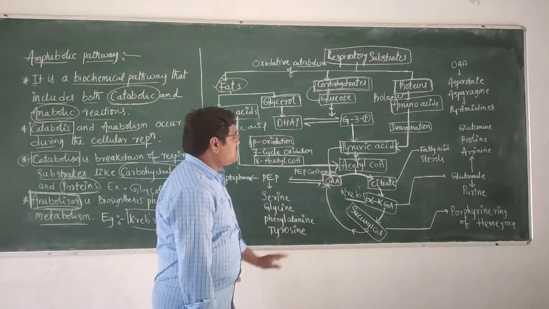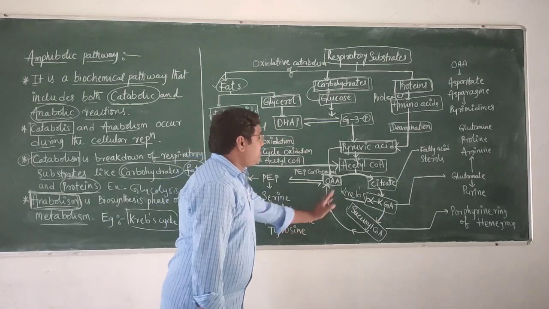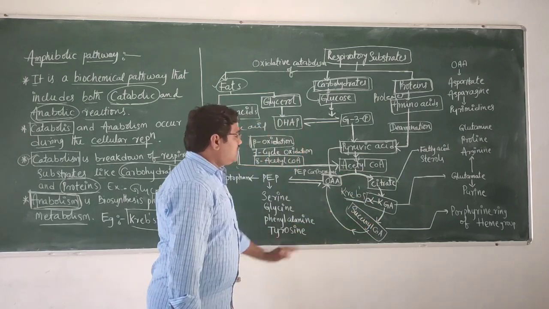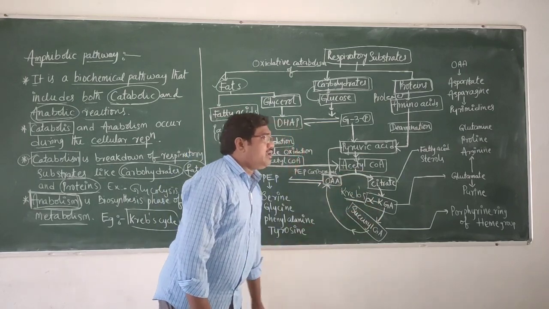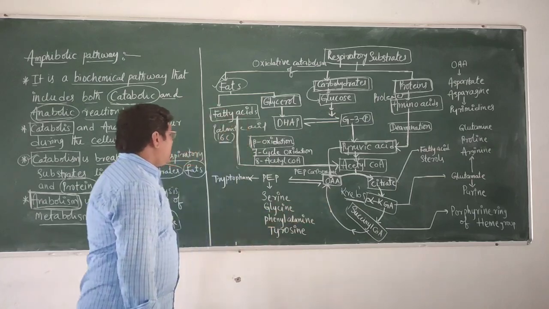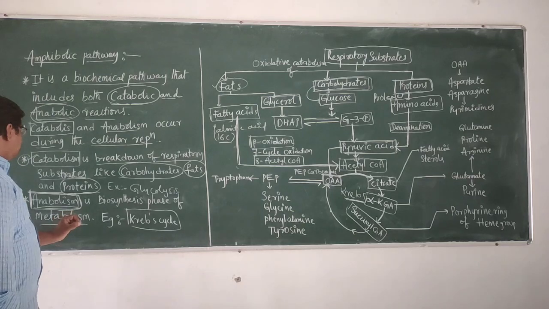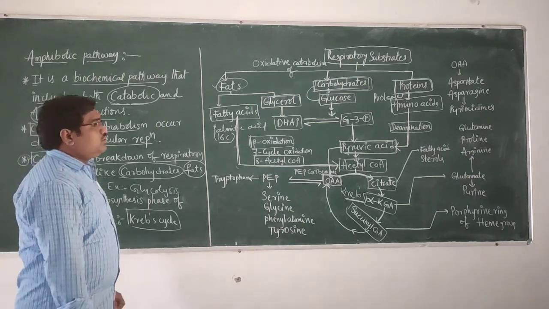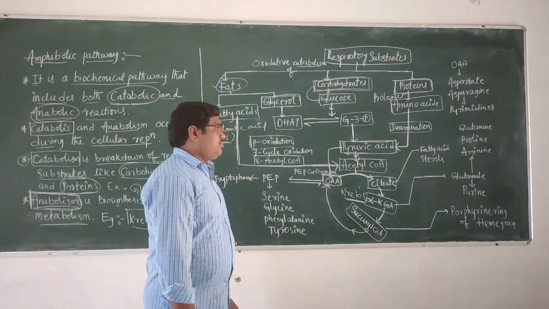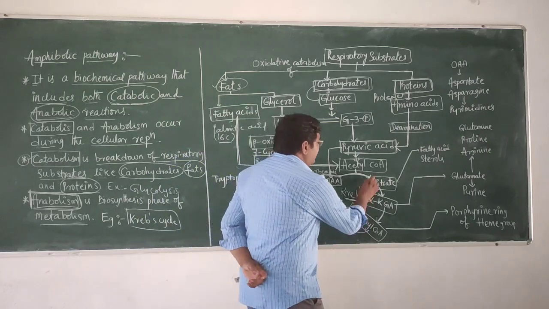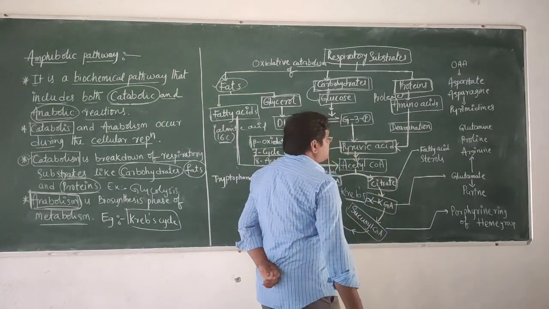So in this, during glycolysis and the Krebs cycle, some intermediate products are formed. These intermediate products are mainly involved as precursors for the synthesis of new organic compounds. For example, the first stable product in the Krebs cycle, citrate.